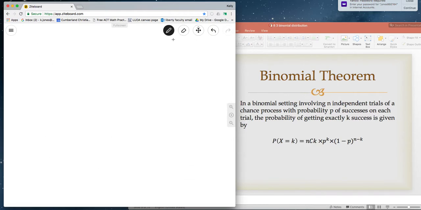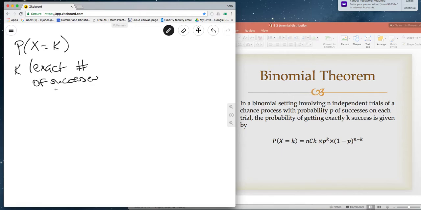We're going to write this out. And we're going to say that the probability that x equals k. Now, k is just going to mean the exact number of successes you want. So that's what k stands for.